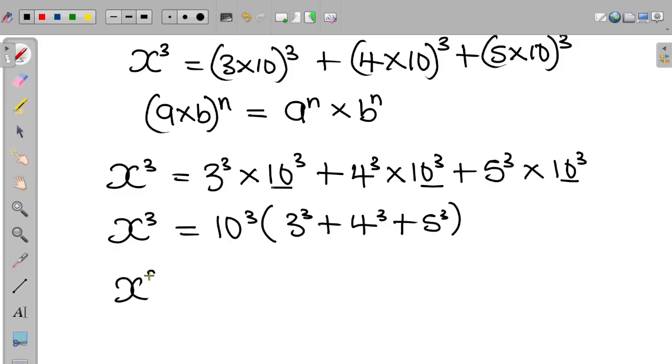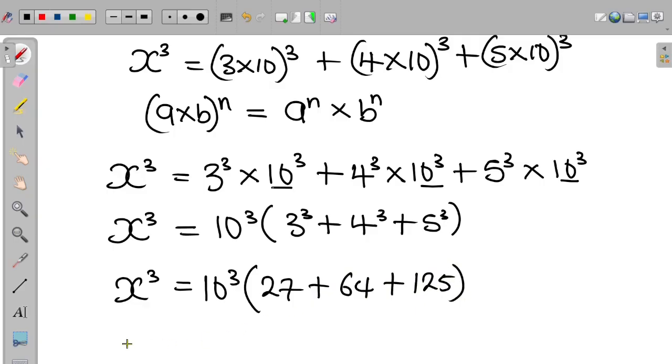So x cubed is equal to 10 to the power of 3, open a bracket, 3 cubed is 27 plus 4 cubed is 64 plus 5 cubed is 125. So therefore x cubed is equal to 10 to the power of 3 times (27 plus 64 plus 125), which is equal to 216.